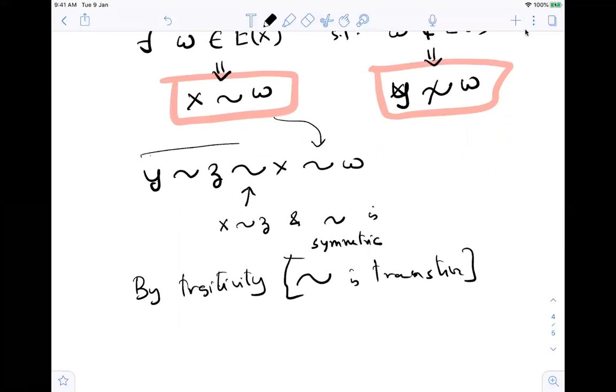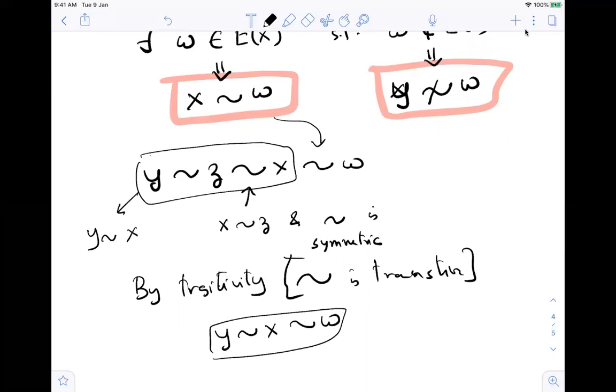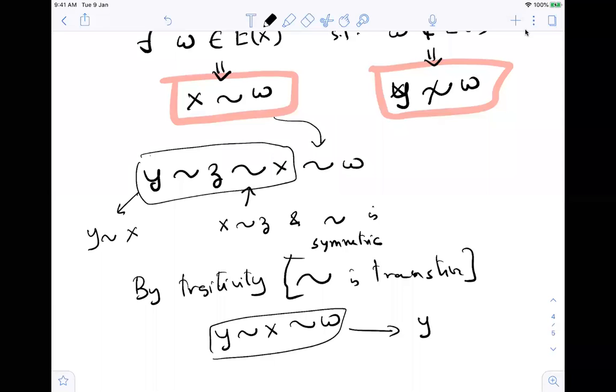What does this mean? This means x is related to y, y is related to x. And we know that y is related to x and x is related to W. From that we get y is related to W. So W is related to y.